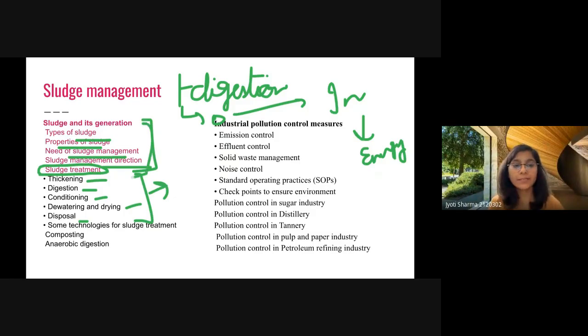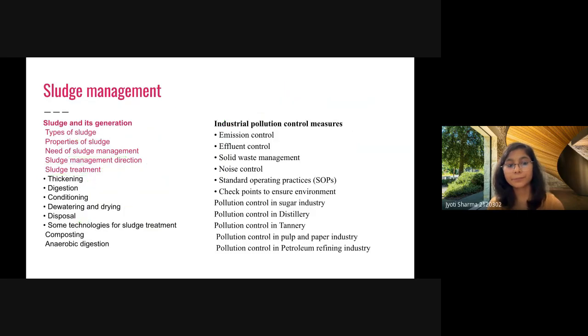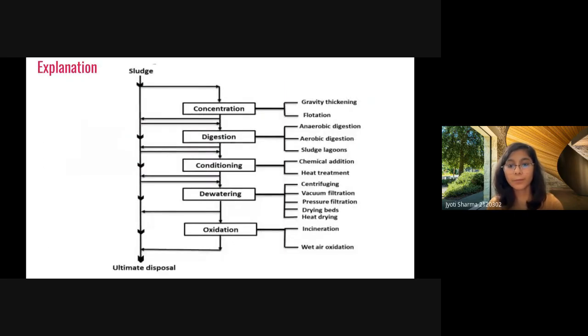So this part is done, and now we will move on to this part. Up to sludge management direction, I think everything is clear, and now we will talk about sludge treatment. As I told you, within these processes we have different methods.